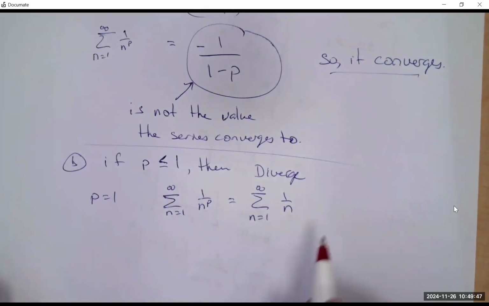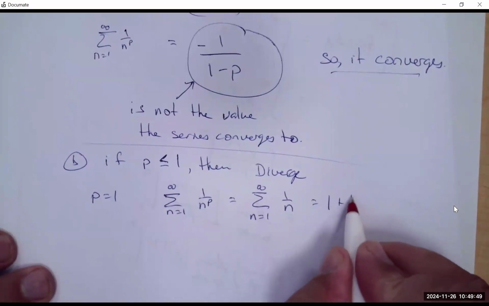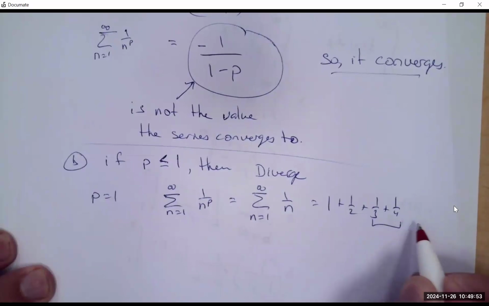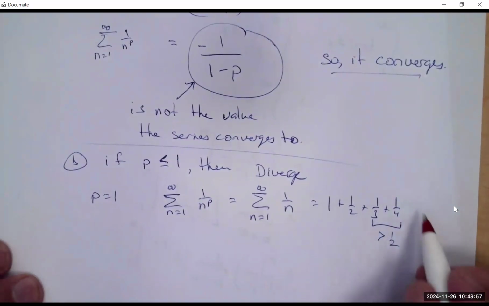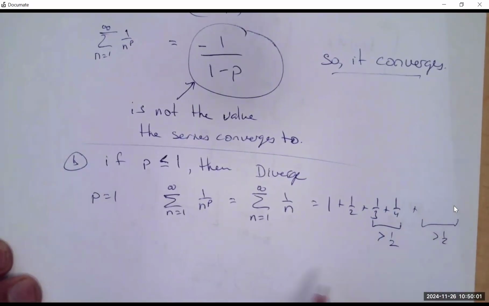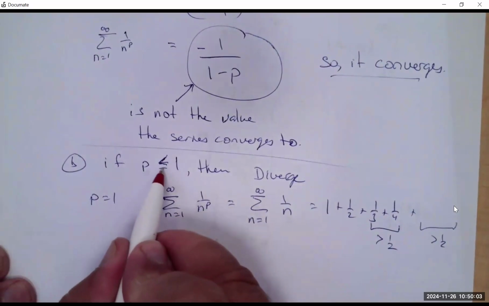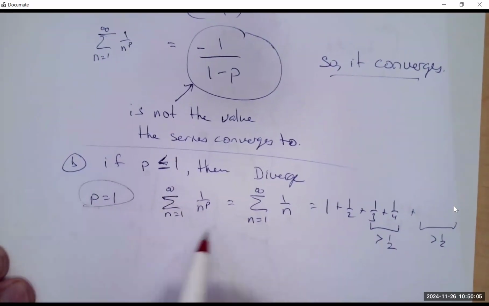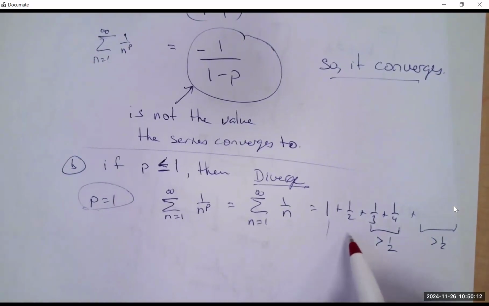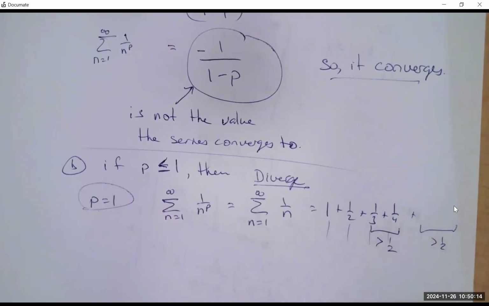This is the one that goes 1 plus 1/2 plus 1/3 plus 1/4. And we saw that each of these groups was bigger than 1/2, then the next 4 was bigger than 1/2. So they kept on going, so it diverged. So since it's equal to 1 and it diverges, then less than 1 diverges for the same reasoning, because when I add these terms together in sequence, it becomes bigger than the previous term.